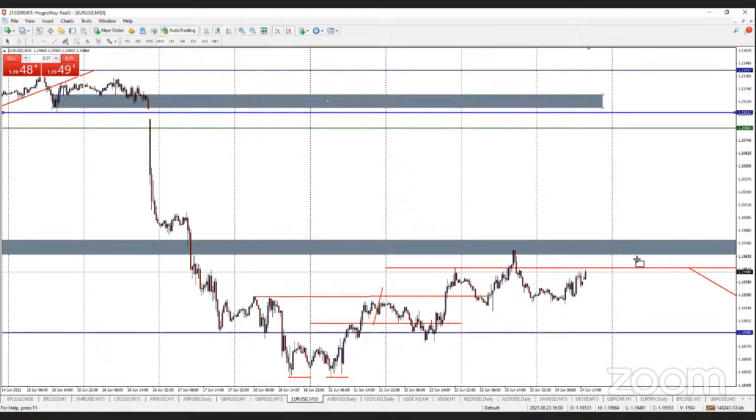I'm looking for a return back into this supply zone right here. I'm going to shout out to my students and post this out to them so that they can see this. So I'm going to put this right here. I'm going to go for a short.